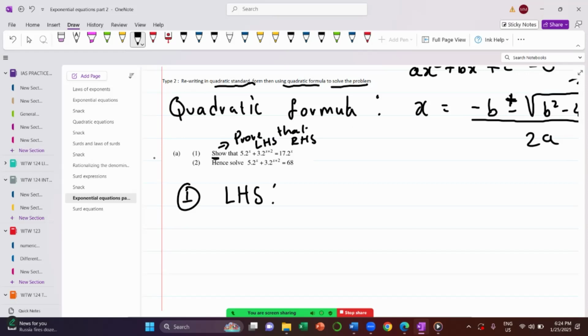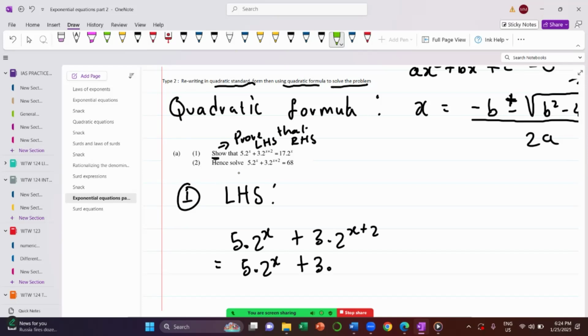So this more complicated side, I'm going to have 5 times 2 to the exponent of x plus 3 times 2 to the exponent of x plus 2, right? Let me continue. This first value is okay. I have 5 times 2 to the exponent of x, plus 3 times what?